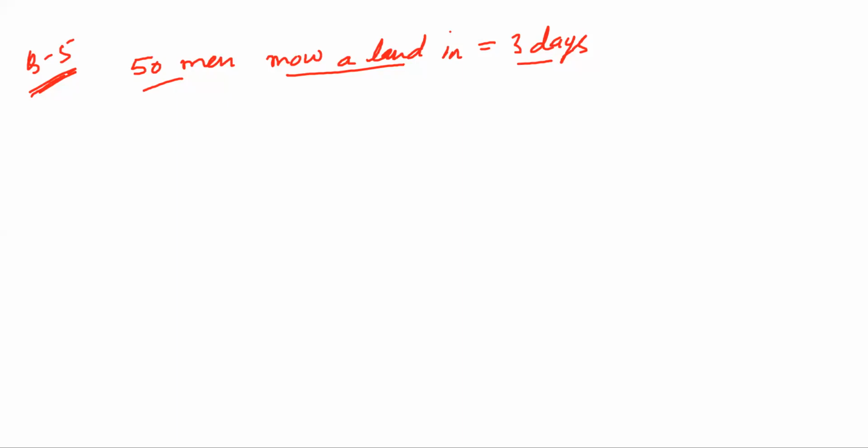More than, of course, because only one man is there, so he will take more days. So we will not divide by 50, we have to multiply by 50, because when we divide, the number gets lesser, but when we multiply, the number gets greater.